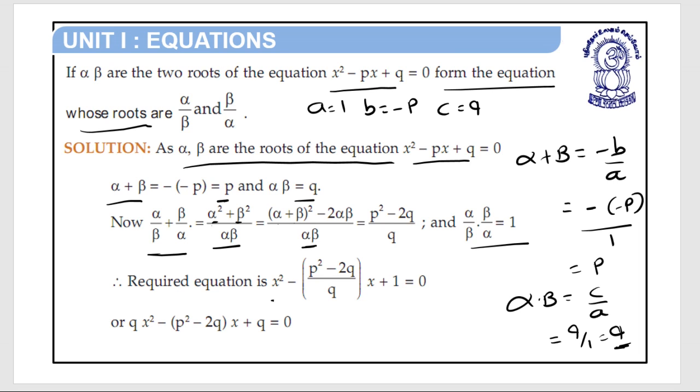The required equation is x square minus (p square minus 2q)/q x plus 1 is equal to 0. So q x square minus (p square minus 2q) x plus q is equal to 0 is the equation.